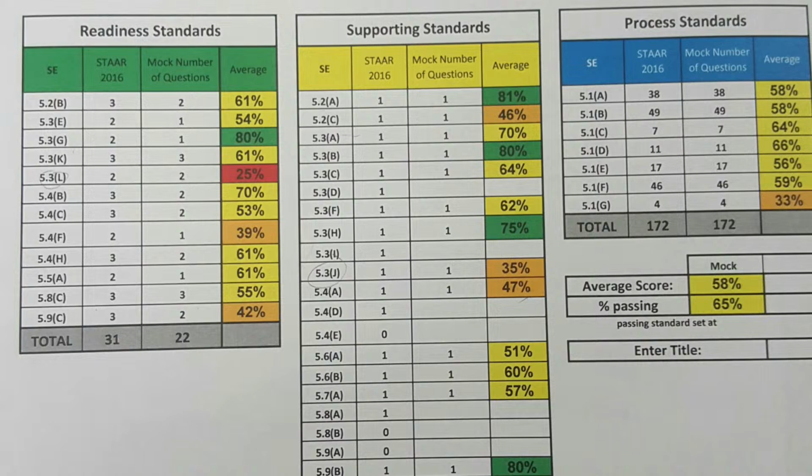But 3 questions, a lot of these have 3 questions along with supporting TEKs or standards that go with them. So I would look at 5.3K and then look at all the supporting TEKs that go with 5.3K. That's what I would look at.